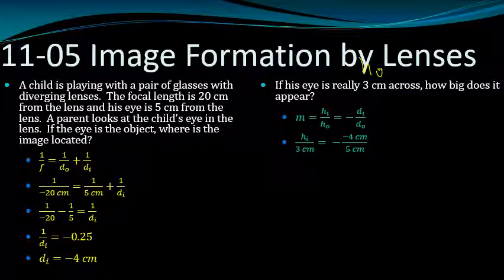So we can fill those in. HO was 3, DI was -4, DO was 5. Again, as long as the units are all the same, this works. Multiply both sides by 3 centimeters, and you get 2.4 centimeters for the image height, which means it's smaller. If we go back and check diverging lenses, the images were virtual and smaller. So it makes sense.